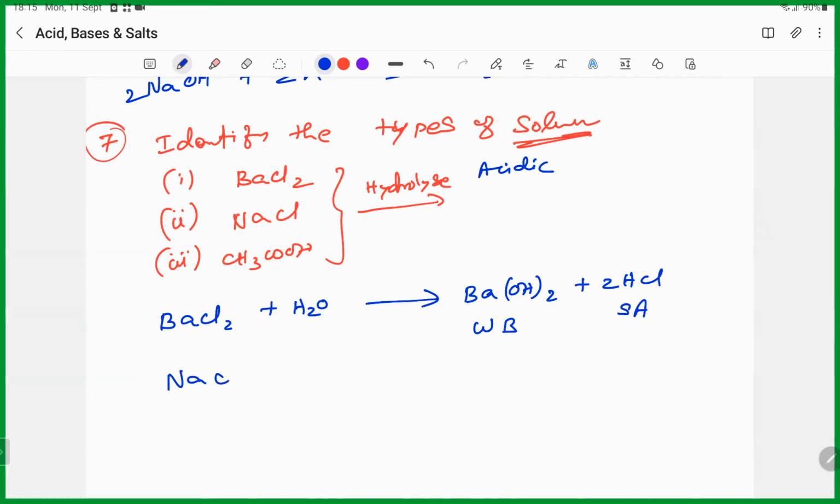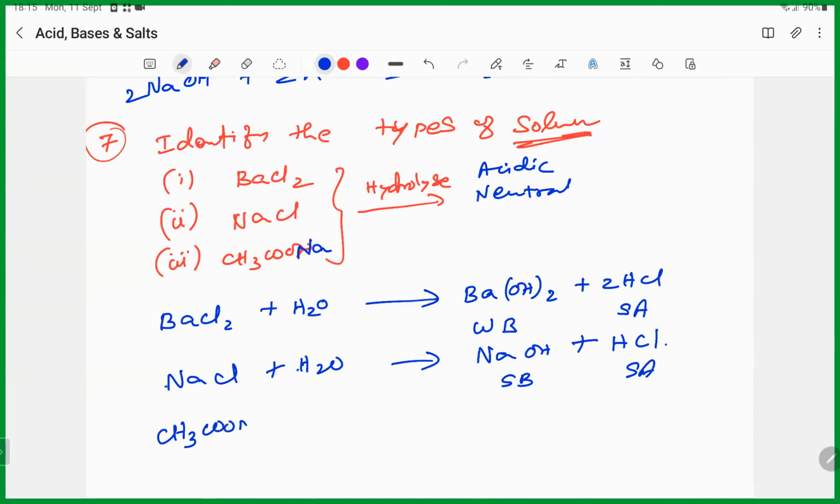Second, NaCl: strong base, strong acid. Next, sodium acetate. Why? That's all.